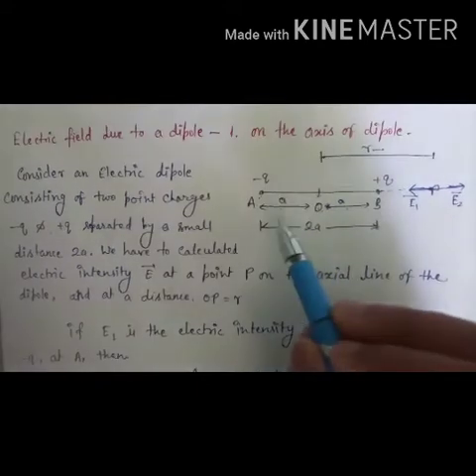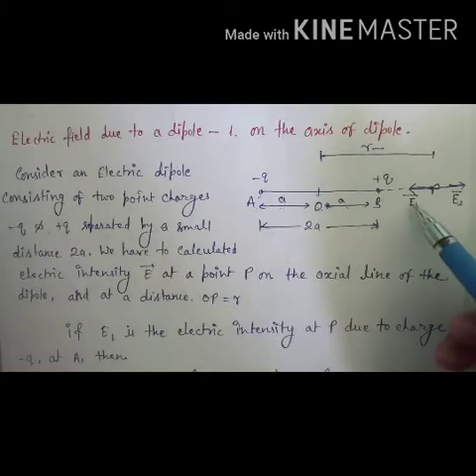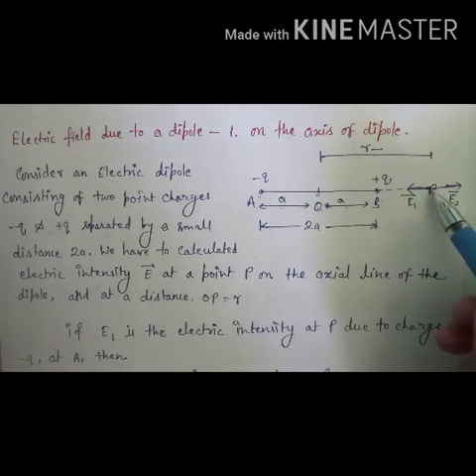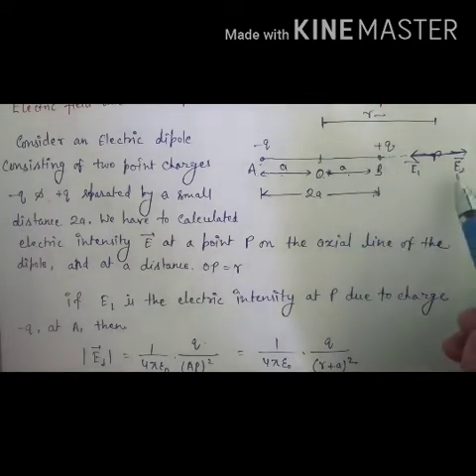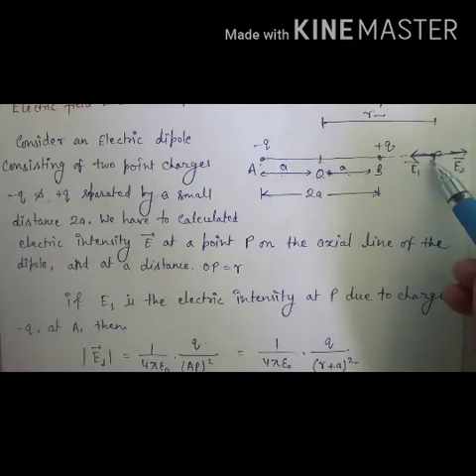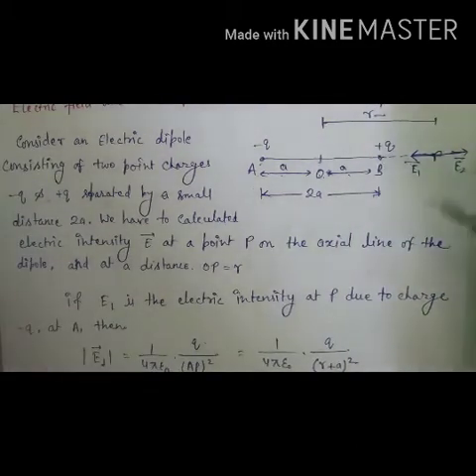Let us suppose E1 is the electric field intensity at P due to charge minus q, and E2 is the electric field intensity at P due to charge plus q. We already found the electric field due to a point charge.